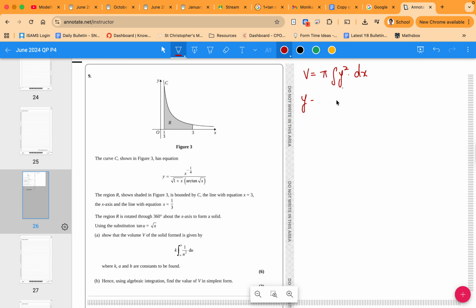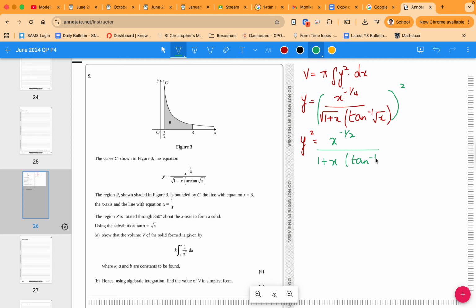Y is already given to you, which is x to the power of negative quarter, and then root of 1 plus x, and arctan written as tan inverse of root x. Now y squared is the whole thing squared, so it becomes x to the power of negative half, the denominator becomes 1 plus x, and then tan inverse of root x, the whole thing squared.